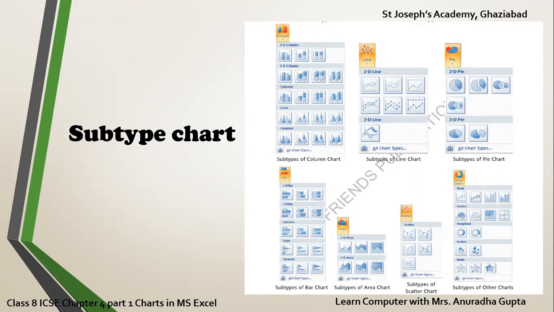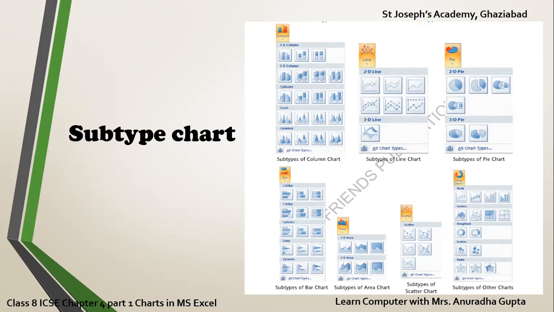In scatter chart, we have subtypes like 2D scatter, 3D scatter, and so on. Let's move to the seventh type of chart, that is other chart. In other charts, all the types of charts have their subtypes. Students, please note, all 7 types of charts have their subtypes.